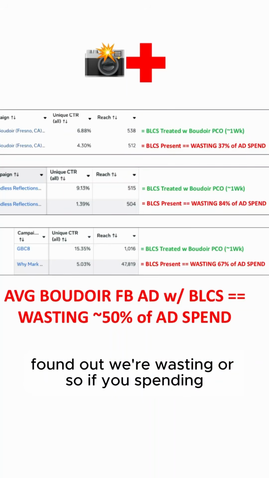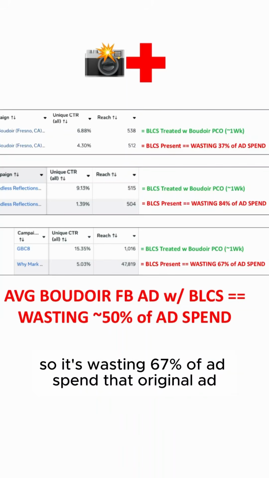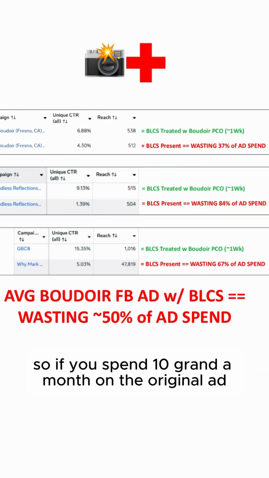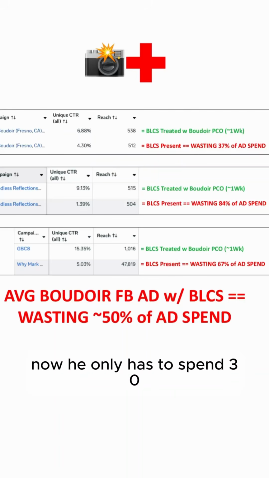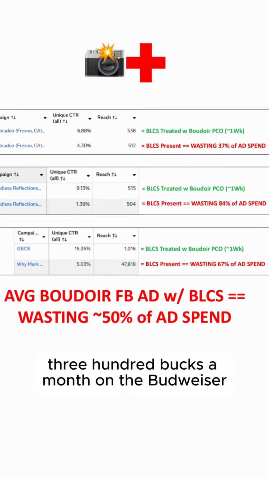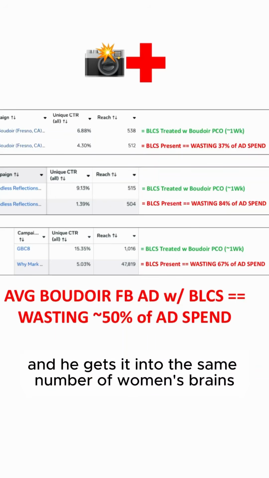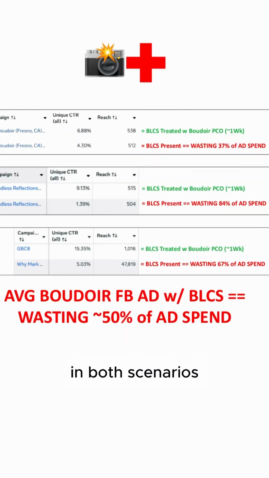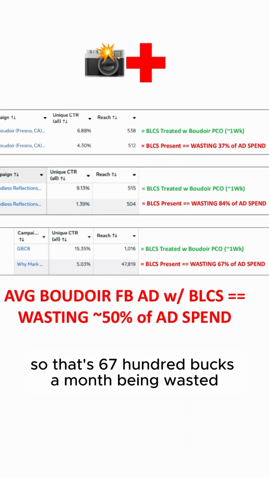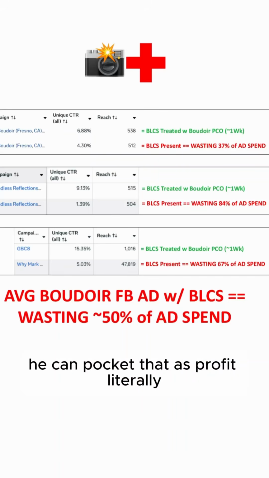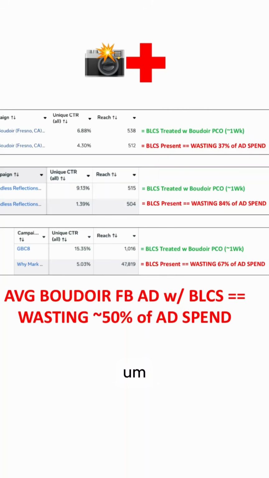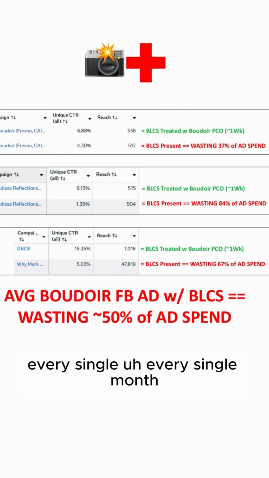So we found out he was wasting 67% of ad spend on that original ad. If he's spending 10 grand a month on the original ad, now he only has to spend 3,300 bucks a month on the Boudoir Pico treated ad, and he gets it into the same number of women's brains in both scenarios. So that 6,700 bucks a month being wasted, he can pocket that as profit literally every single month.